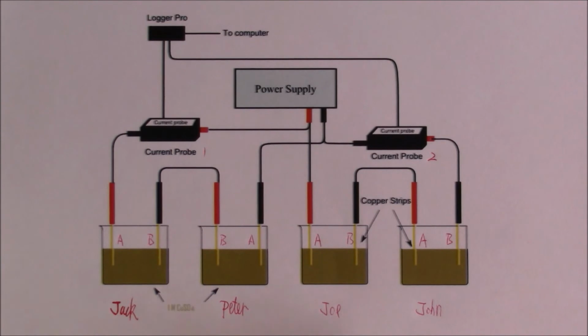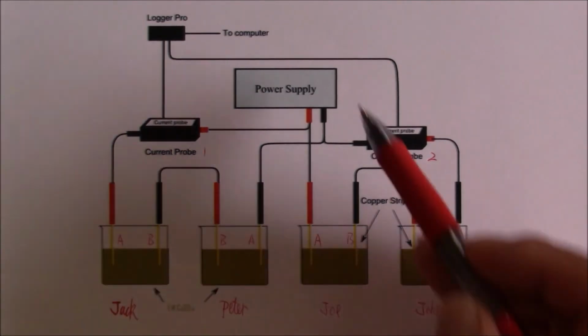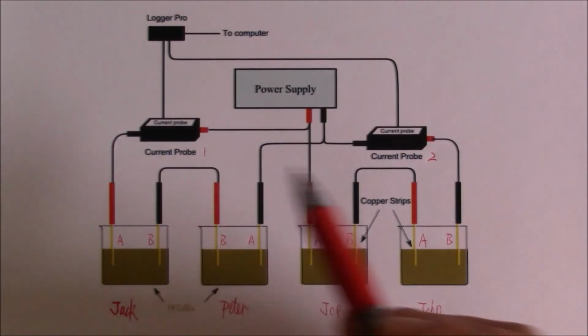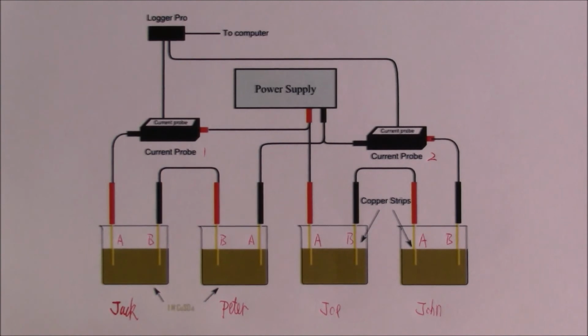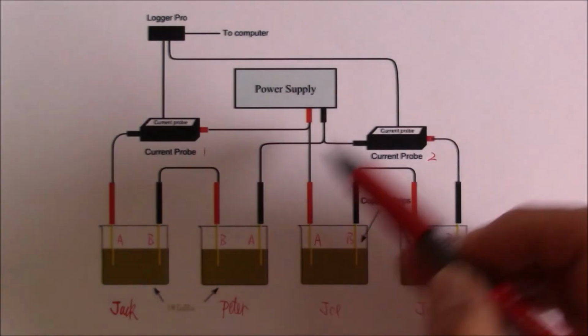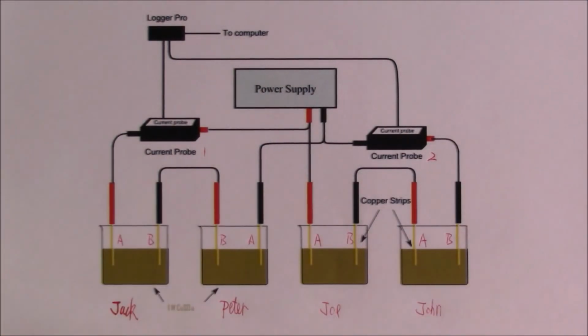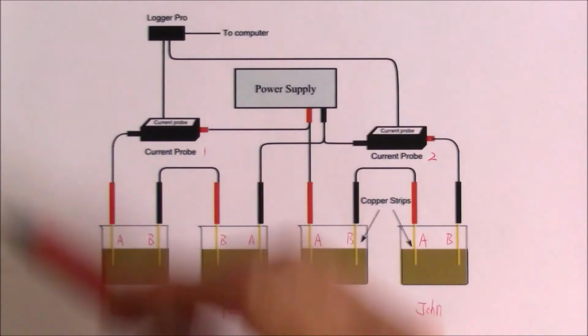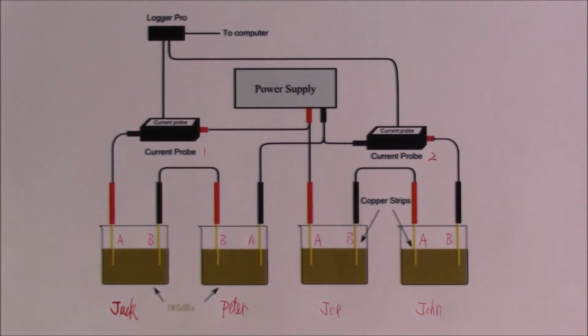Also, the connections of the electrodes to the power supply and the current probes are very important information. Therefore, from your illustration, the reader must be able to easily figure out how each electrode is connected to the power supply and to the current probes. But let me emphasize, the sketch does not need to be pretty. But it must clearly label the connections.